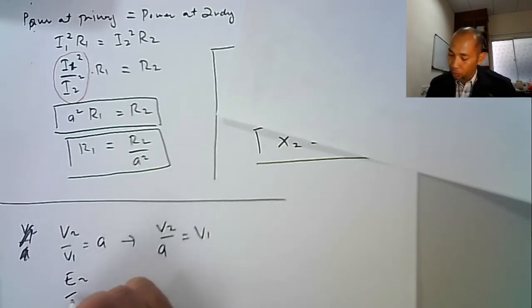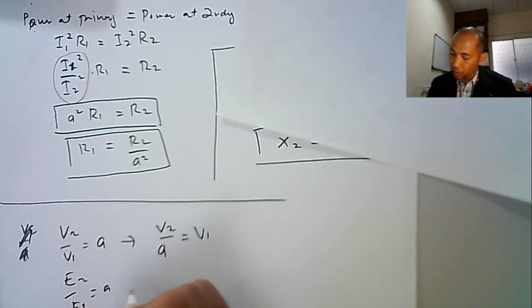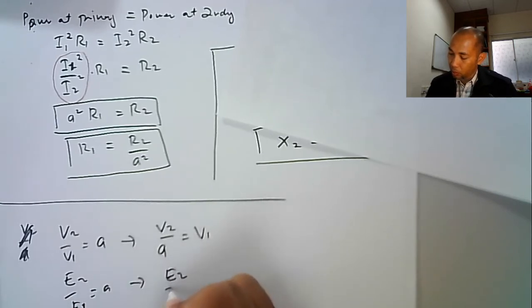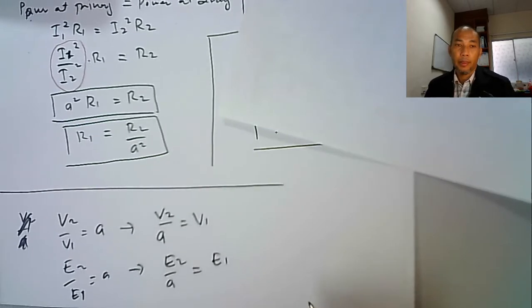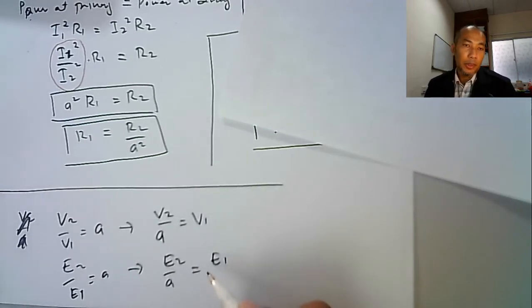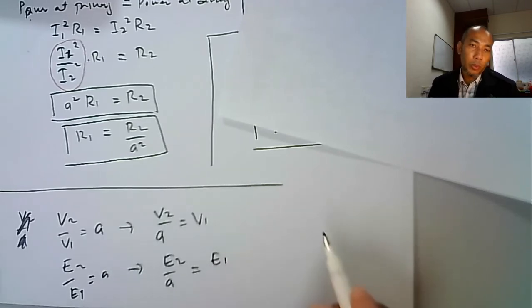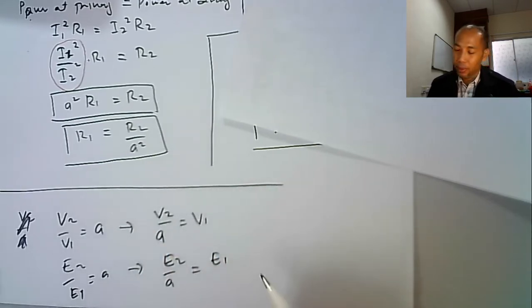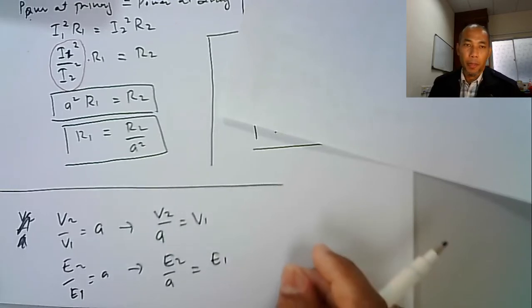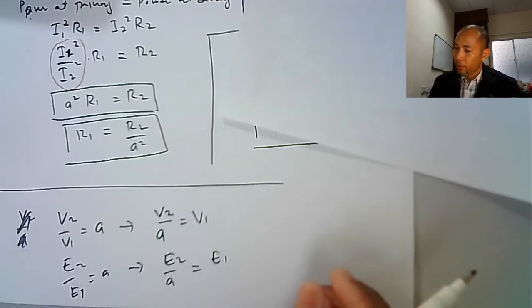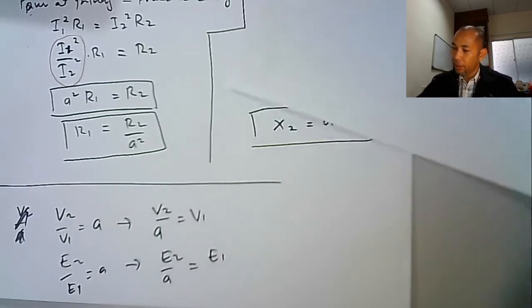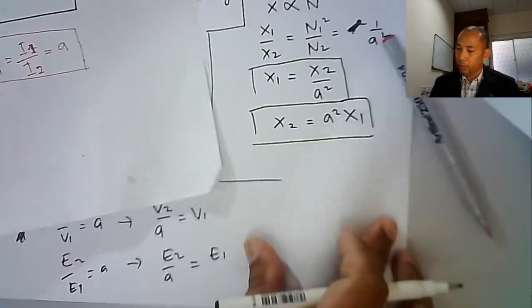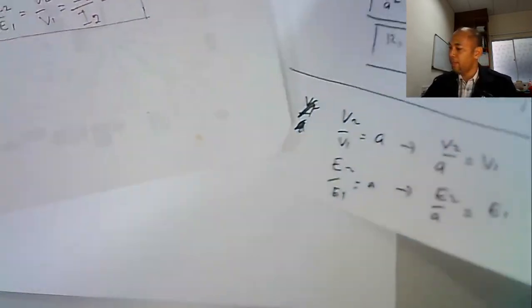Again, E2 over E1 equal to A. So E2 over A equal to E1. This one is we want to transfer the generated EMF E2 from secondary to primary. So we'll get this equation.